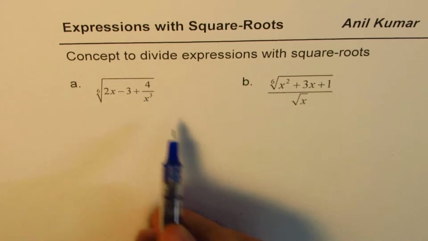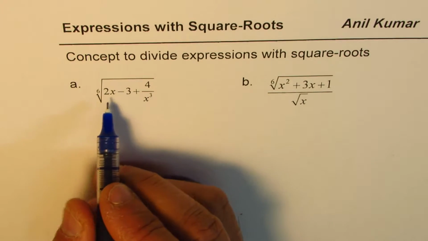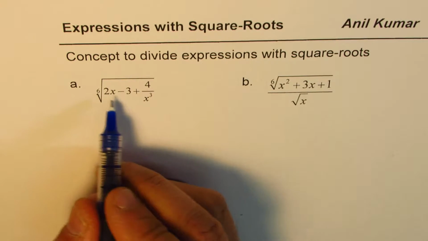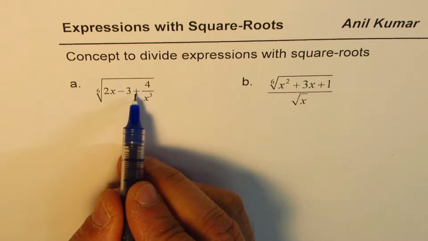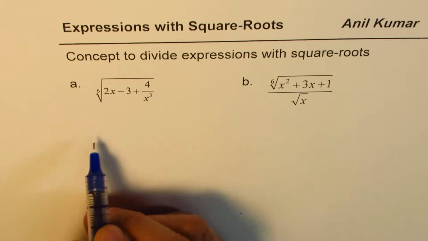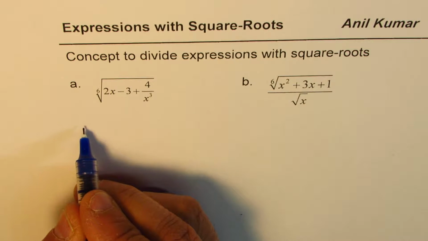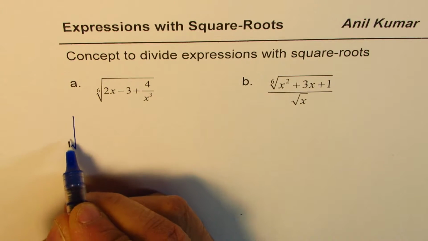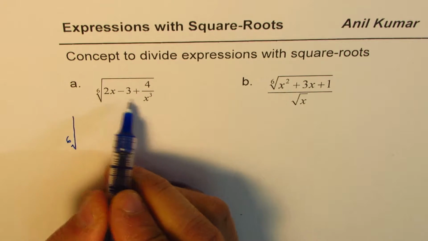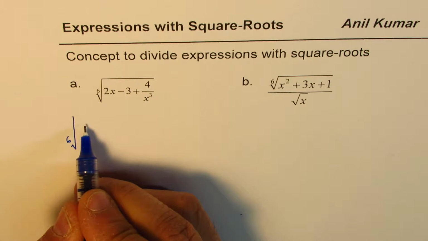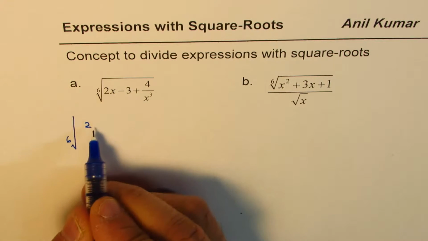That's the whole idea. So let's begin with the expression given to us, which is sixth root of 2x minus 3 plus 4 over x cubed. What we will do here is take a common denominator of x cubed. So I could write this as a sixth root of, since I want x cubed to be a common denominator, I multiply by x cubed.